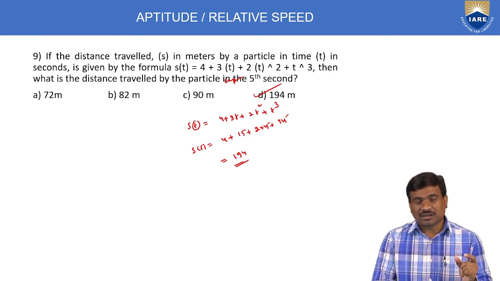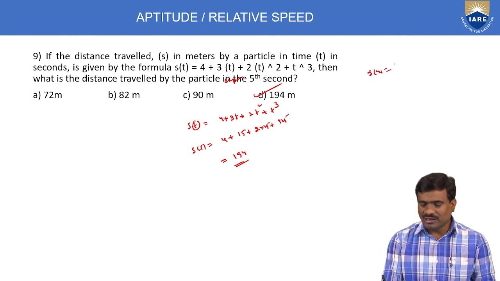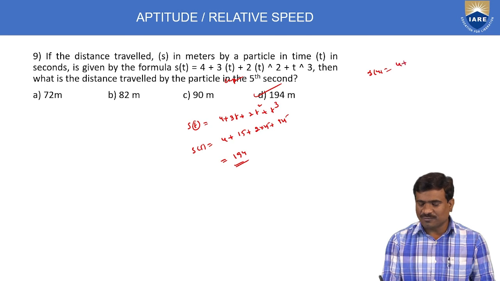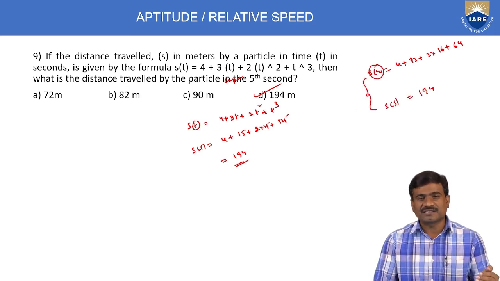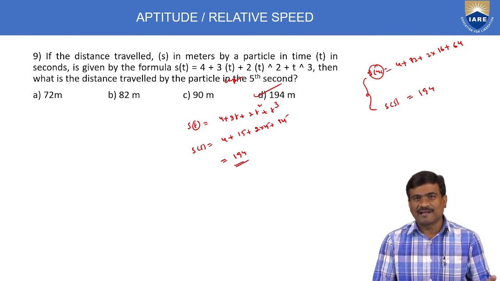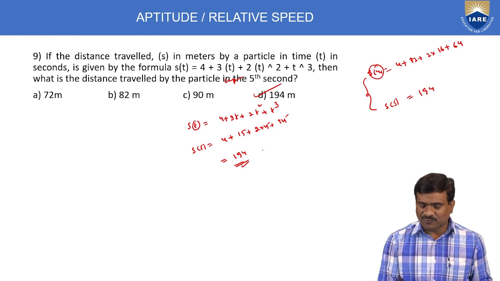Suppose we want the gap between S4 and S5, so calculate S4 where t is equal to 4. 4 plus 3 into 4 is 12, plus 2 into t square 16, t cube 64. Similarly S of 5 is 194. The distance gap between S4 and S5 is the distance in the 5th second.